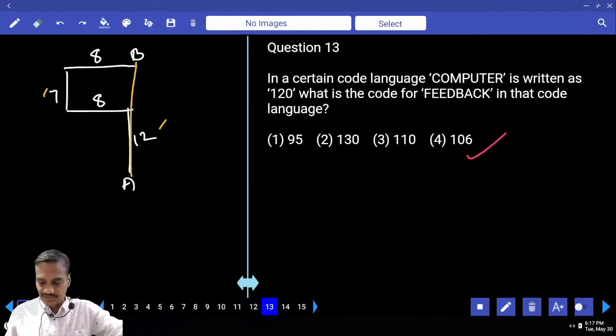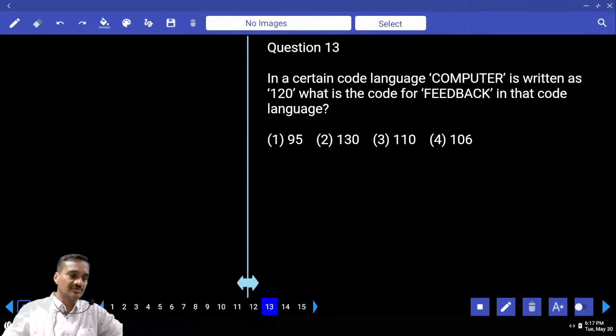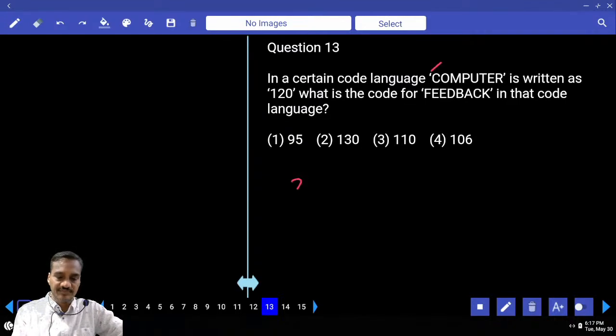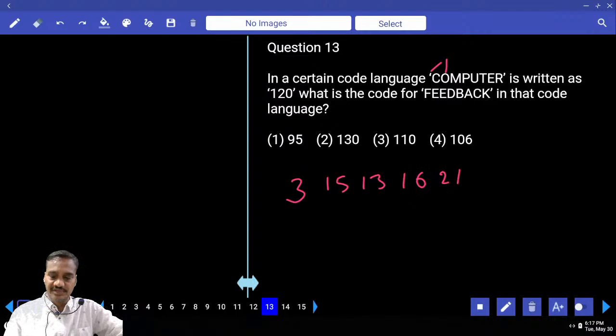Then coming to 13. Now in a certain code language, the word computer, compute is coded as 120. Tell me, now if you take the place value of C, how much is C? 3. And tell me the value of O? 15. Now if you take 15 here, 3 plus 15, M is 13, P is 16, U is 21, T is 20, E is 5, R is 18.